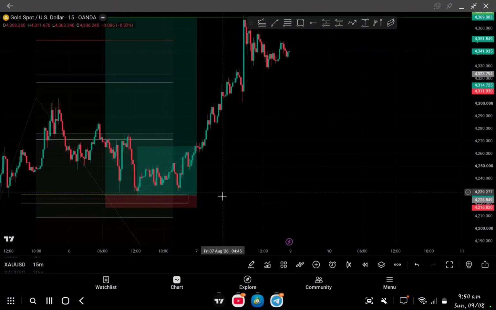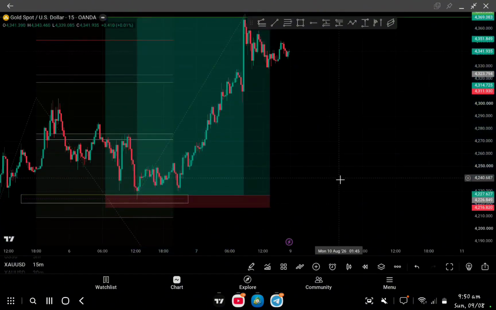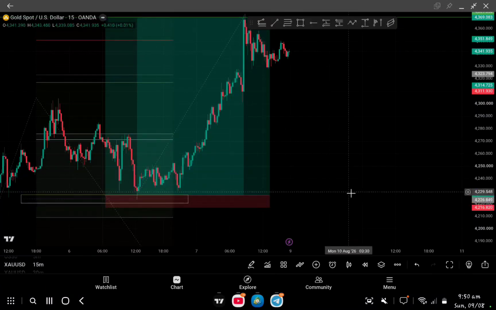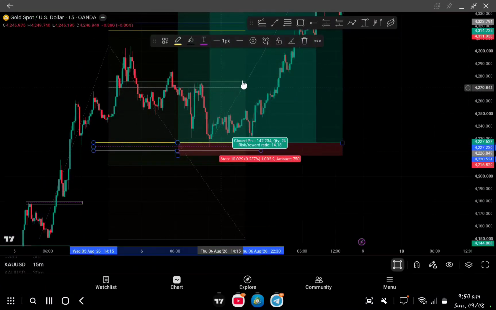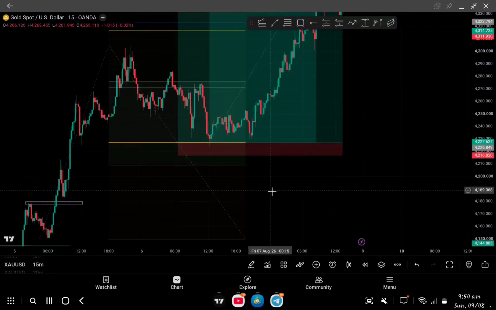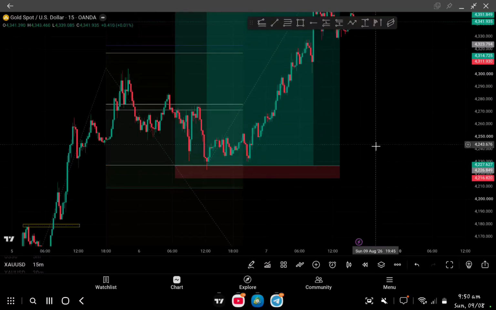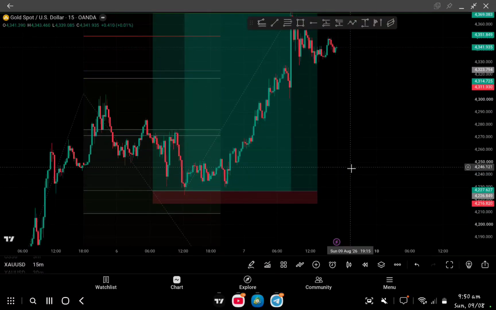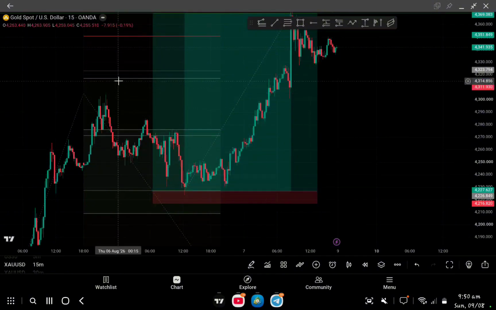And you can see this entry. We entered on our Fibonacci golden zone. This is not similar to other zones, but I use this zone when there is no liquidity in the market, when the market trends only in one side.